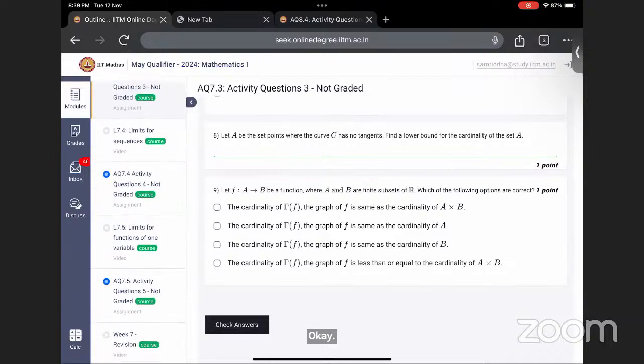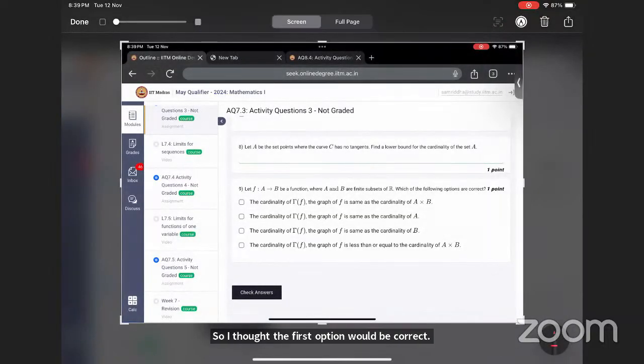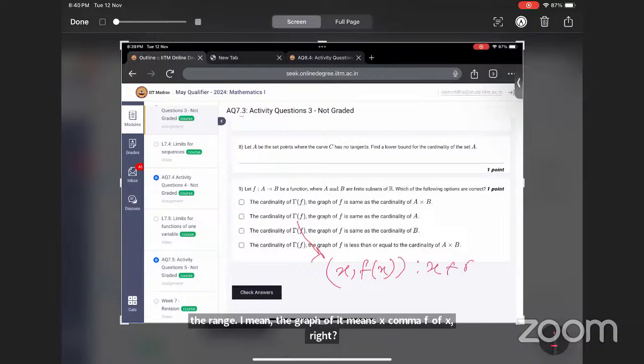In the ninth question, why is the second option correct? Only the same as the cardinality of A. What we learned is A cross B, so I thought the first option would be correct. No, no. See, this is the graph of f, not the range. The graph of f means x comma f of x, such that x belongs to A. What is the definition of a function?